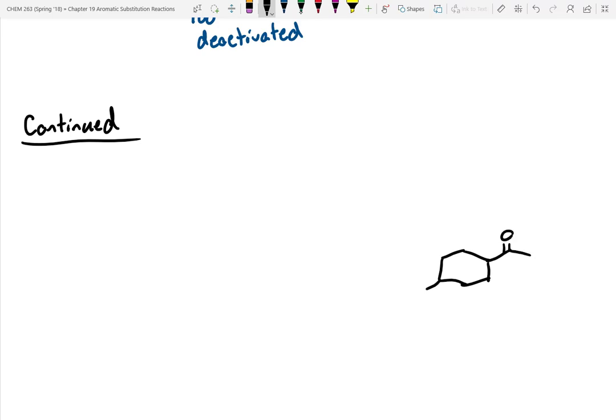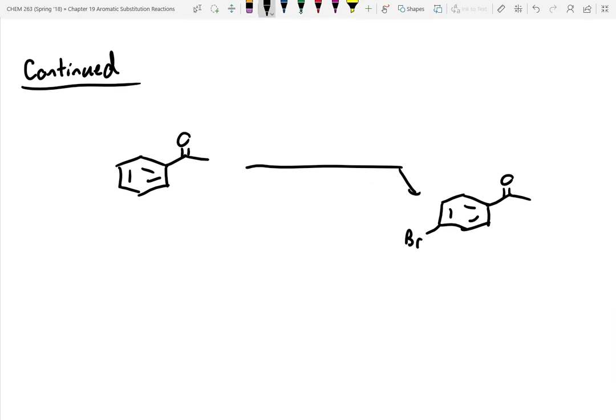That's our target because we need that in our last step. We've got two different ways to make this. One step would be to start out with regular acetophenone and try to make this. The other one would be to start out with bromobenzene and try to make parabromoacetophenone.